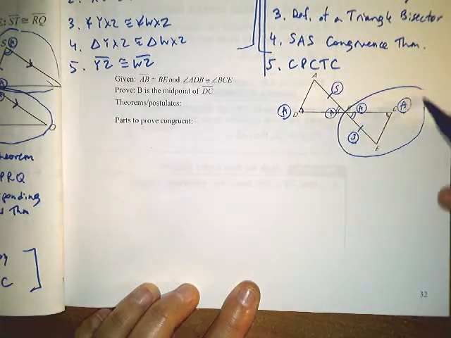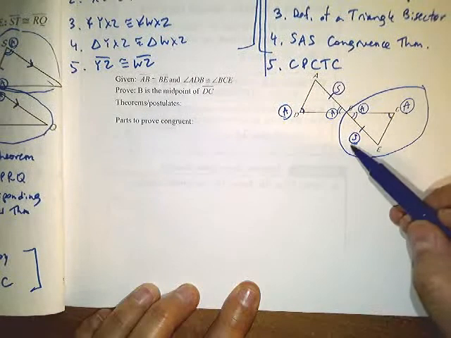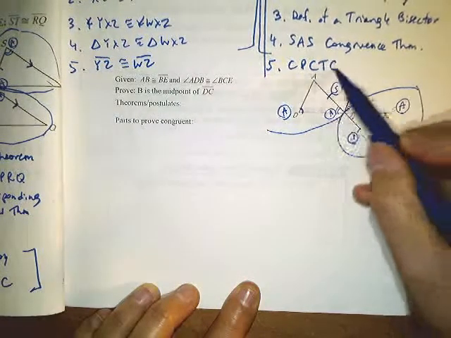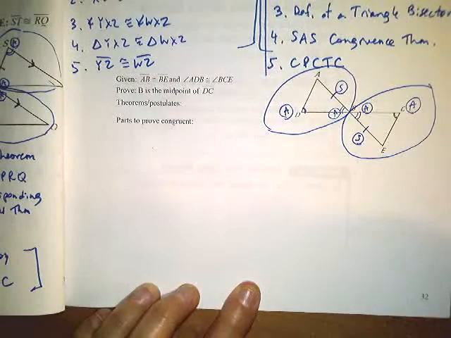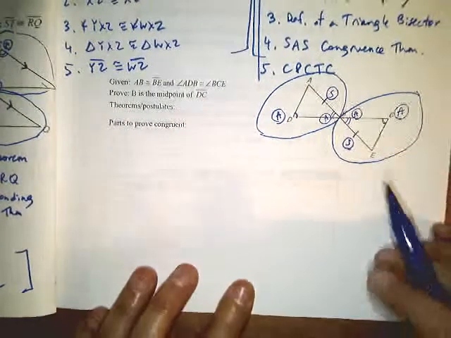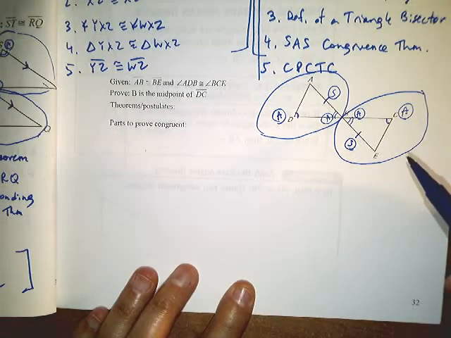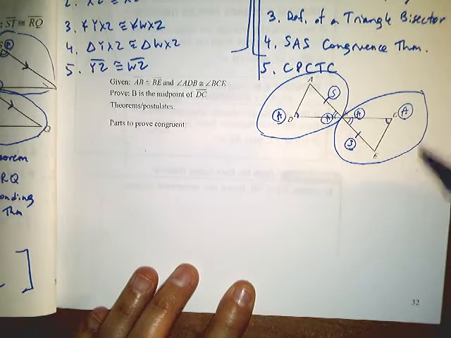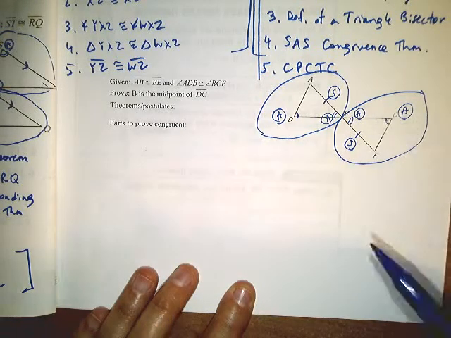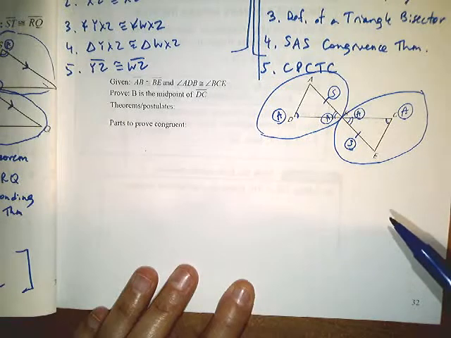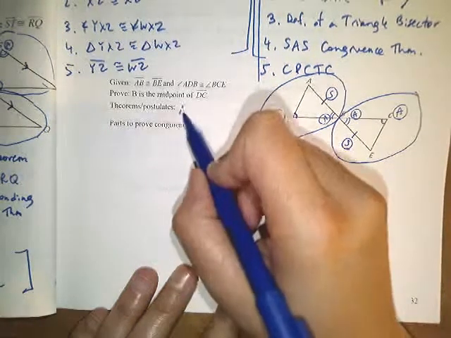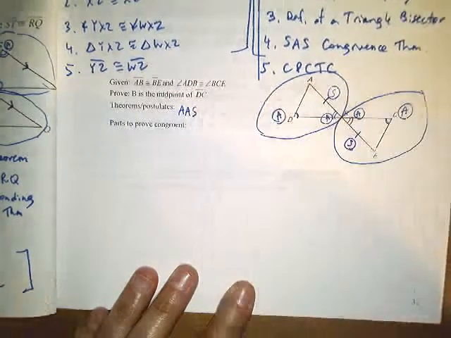So on each one of these triangles, I would have an angle, angle, side. And that's one of our shortcut theorems to prove triangle congruence: two angles and a side not in between. That works. So I'm going to use angle, angle, side.